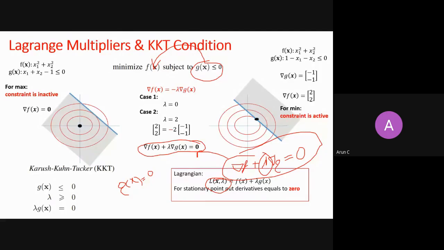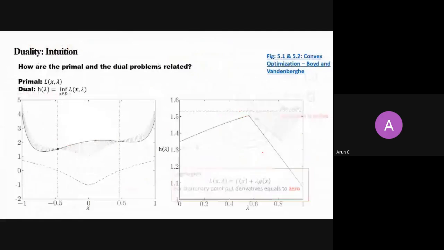Very good. So then let's try to see the third concept here. Once you understand what the Lagrangian and KKT conditions are, let's see the third concept, known as duality. I want to show it to you from a geometrical perspective.